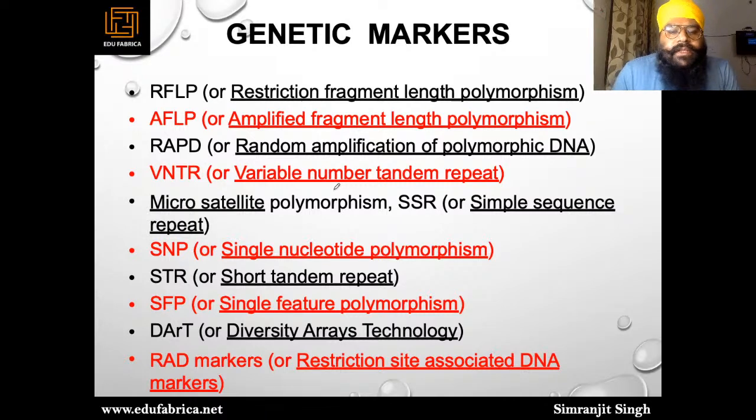These are some examples of genetic markers: RFLP, restriction fragment length polymorphism; AFLP, amplified fragment length polymorphism; RAPD, random amplification of polymorphic DNA; VNTRs, variable number tandem repeats; microsatellites, SSRs; SNPs, single nucleotide polymorphism; STR, short tandem repeats; SFP, single feature polymorphism; diversity array technology; and RAD markers.